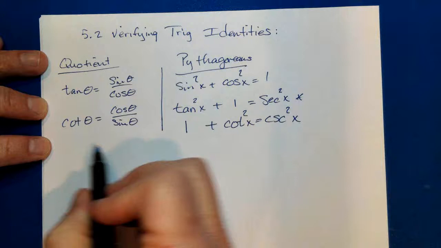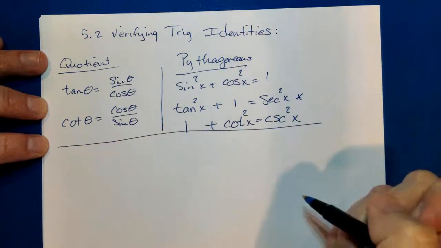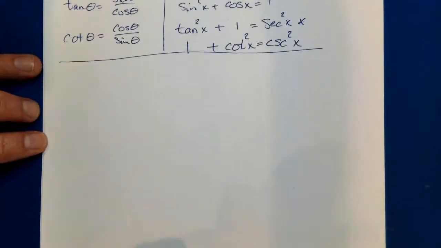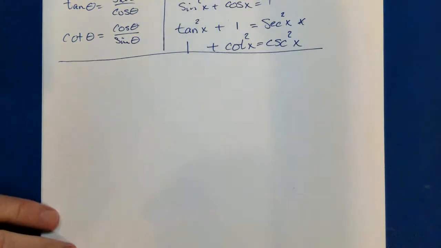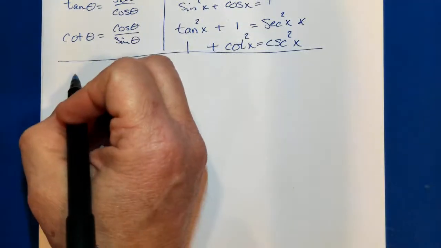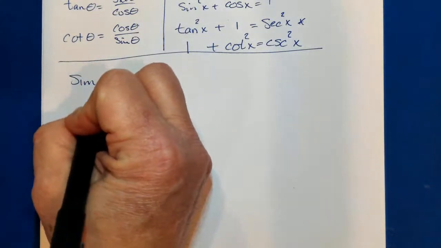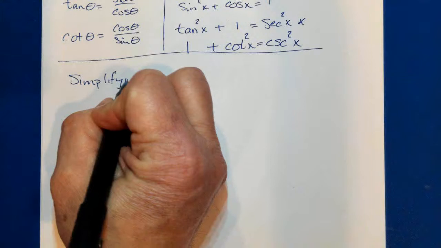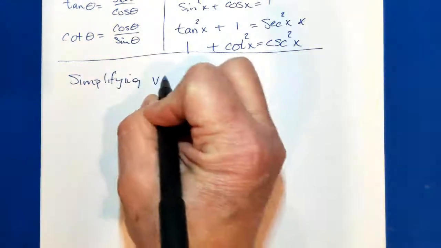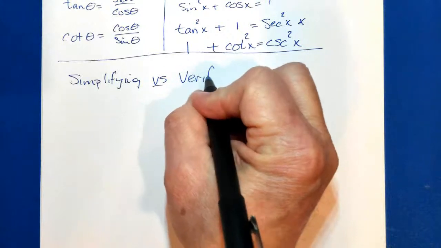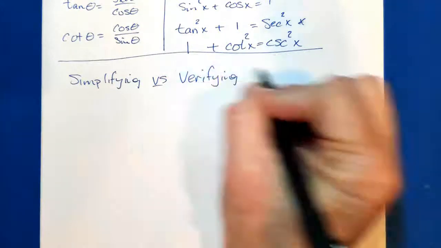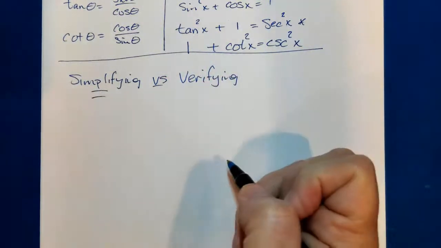Okay, so we have the Pythagoreans, we have the quotients, we have the reciprocals. Now the question then becomes, how are we going to use them? Now, the difference between simplifying and, let's say, verifying is simplifying does not yield an answer.